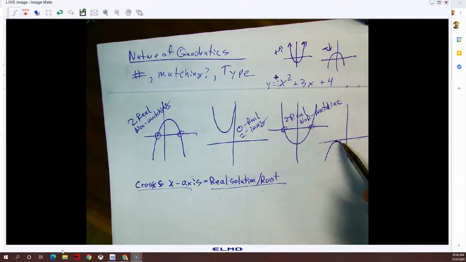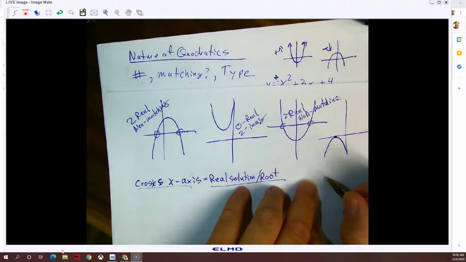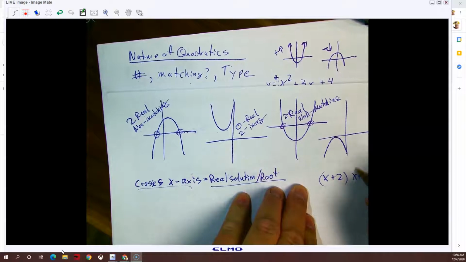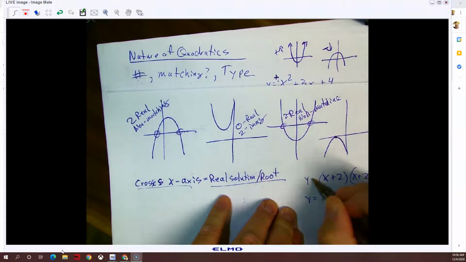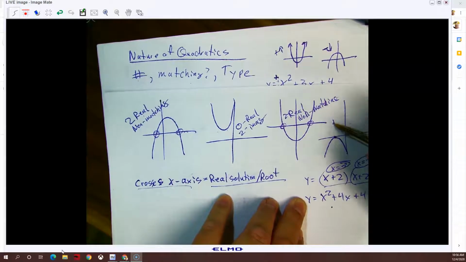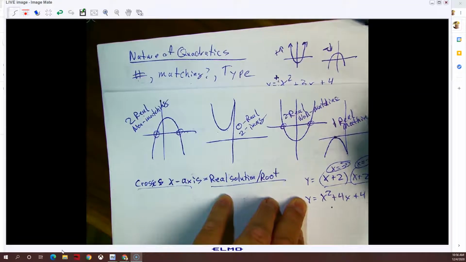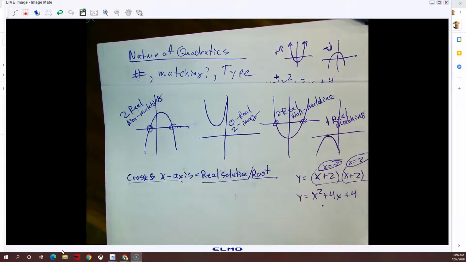This guy looks a whole lot like this equation right here, and it comes when we have something that would be x plus 2 times x plus 2, so something that was x squared plus 4x plus 4, if that's what y equals. It breaks down into 2 factors, but when I solve it, x equals -2 happens twice. So you get 1 real matching, because they are literally the same, solutions.